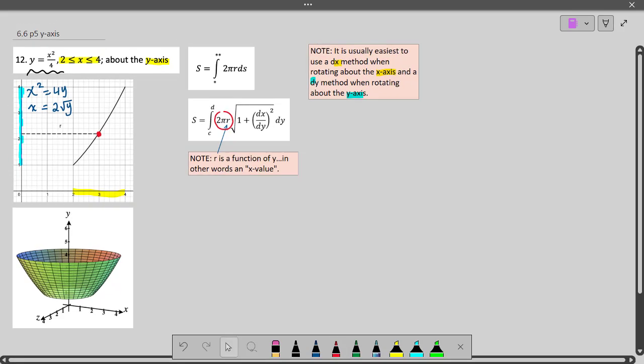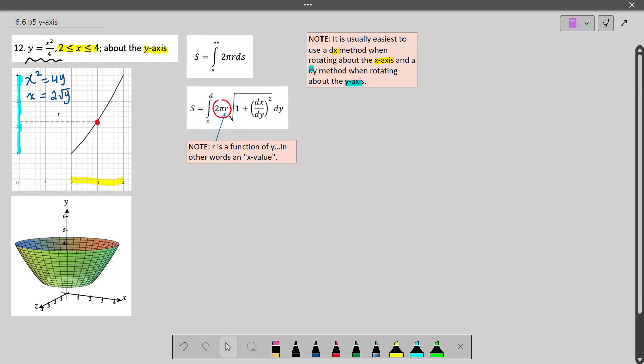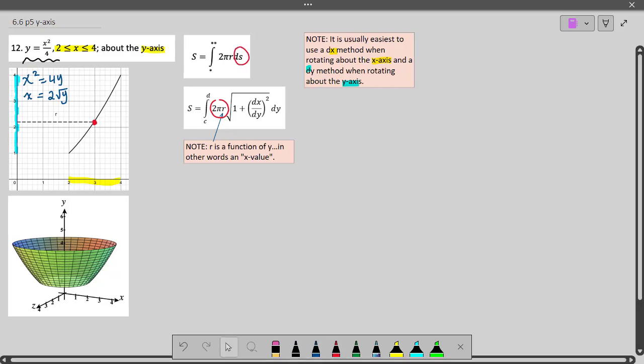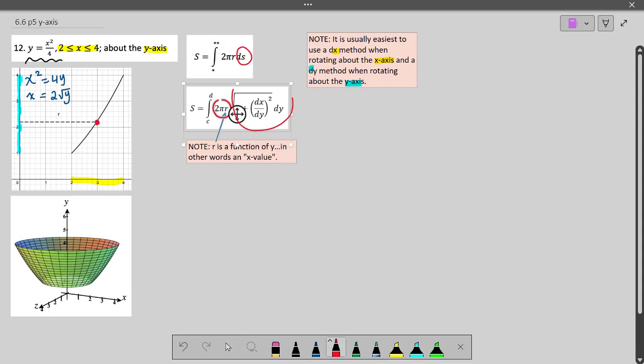Then we multiply that by ds. And ds converts to, in this case, a dy expression. If we use a horizontal element, we want a dy. So we need to convert this ds over to a dy expression.